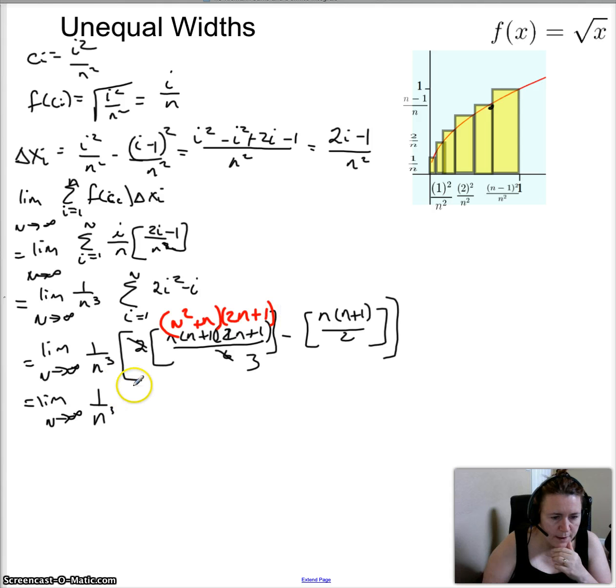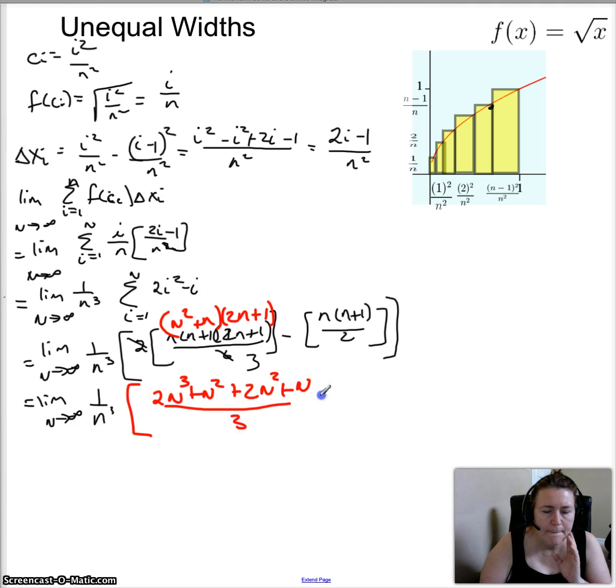So let me now multiply that term out. So this is 2n cubed plus n squared plus 2n squared plus n all over 3, minus, this one's easy, n squared plus n divided by 2.